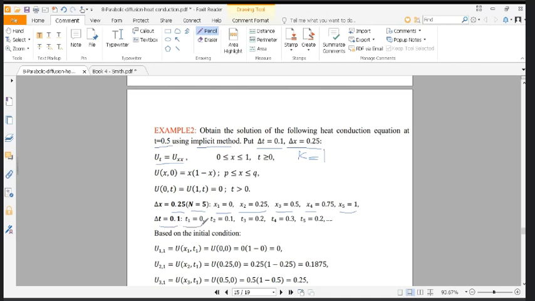And then T1 is 0, T2 0.1, T3 0.2, 0.3, and this continues. You should continue this by this step size until we reach T equal to 0.5.